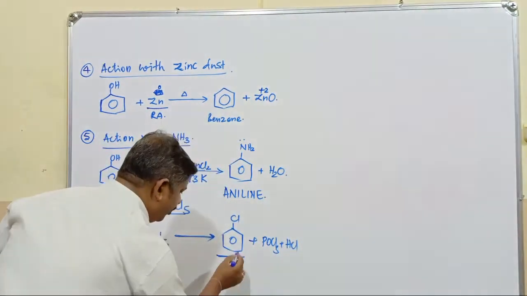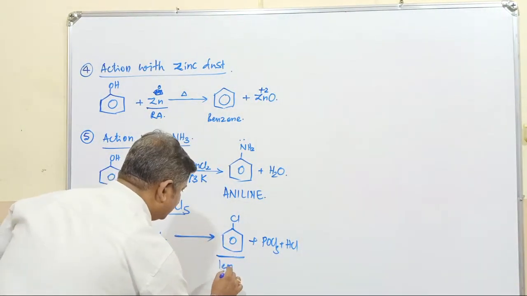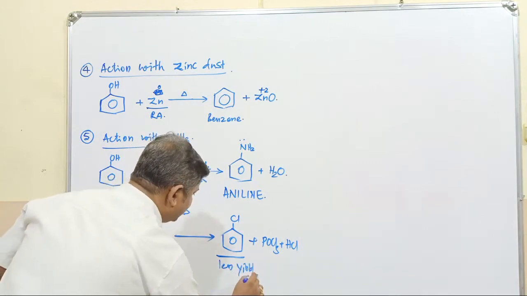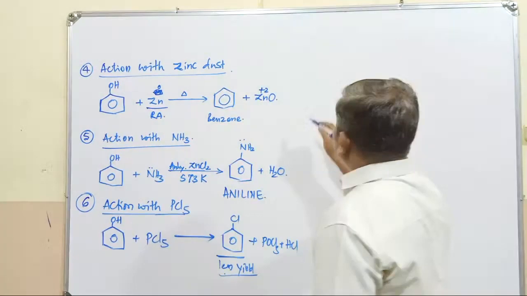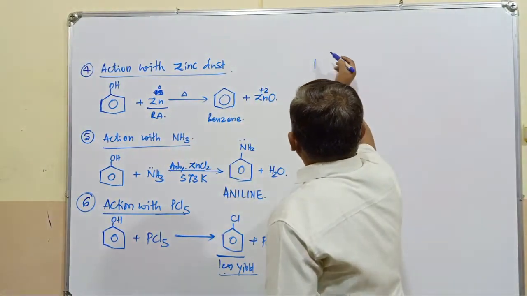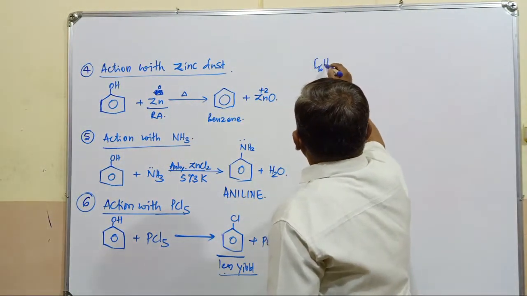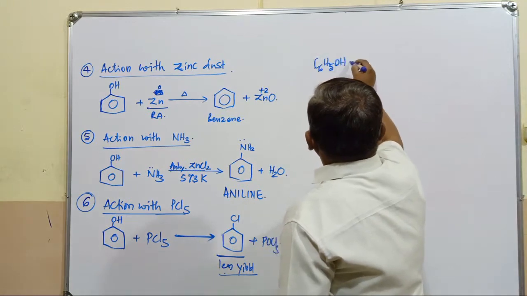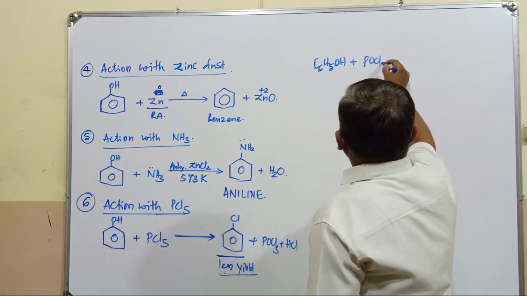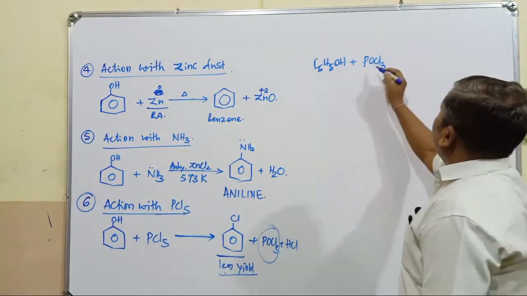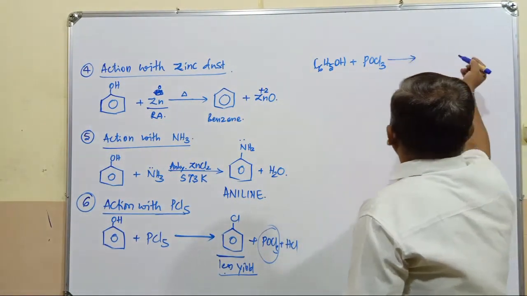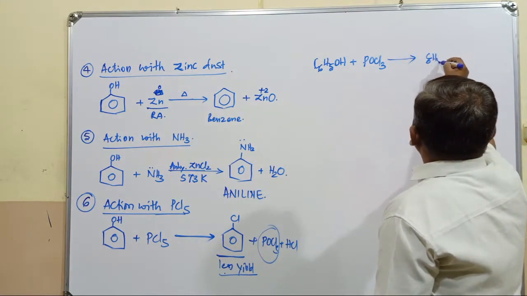But the yield is very low. Why is the yield less? Because the phenol further combines with the POCl3, phosphorus oxychloride.